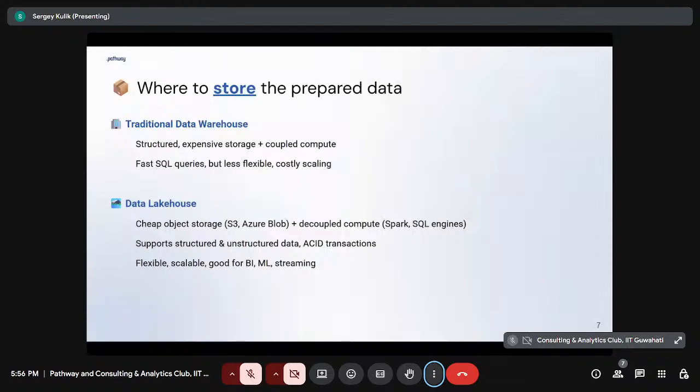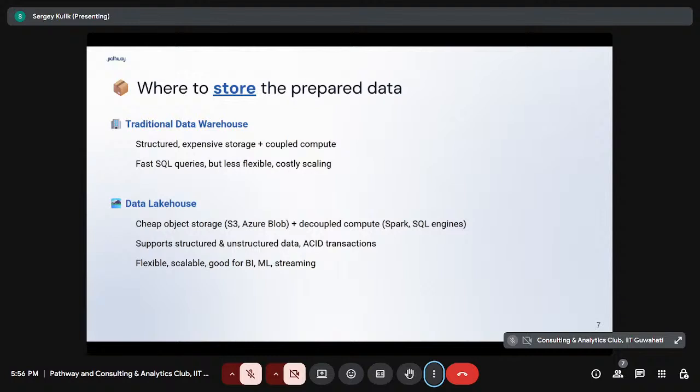And you can easily migrate this data to S3 or Azure Blob Storage, and you can easily scale the compute as well. And you don't have to scale two at once, as you would with traditional data storage engines. You are more flexible. At the same time, they support both structured and unstructured data and ACID transactions.